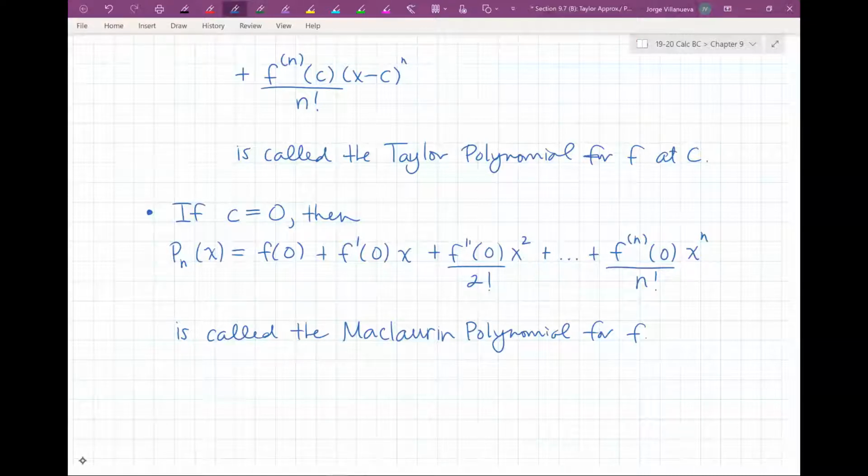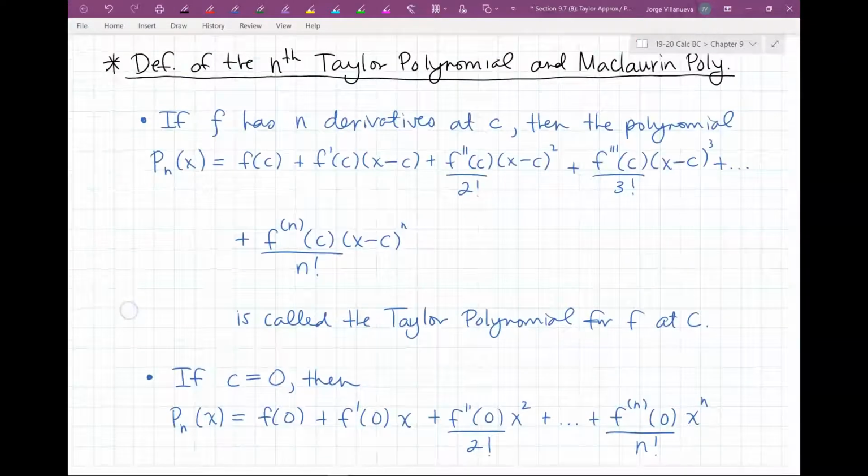Now, just so you guys know, more times than not, the Maclaurin polynomial is the one that shows up in the AP tests because it's easier. They don't want you guys struggling so much to do that. You still know the process if you use Maclaurin or Taylor. So usually it's Maclaurin, but every once in a while they will throw in a Taylor polynomial. So make sure you know both. Like I say, to me, it's more important you know the top polynomial, this one right here.